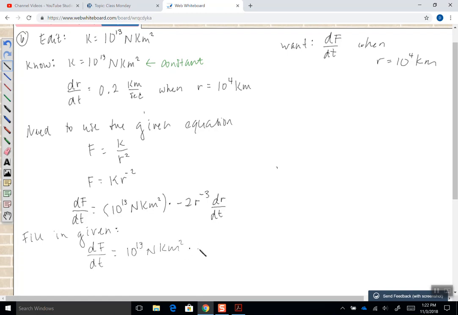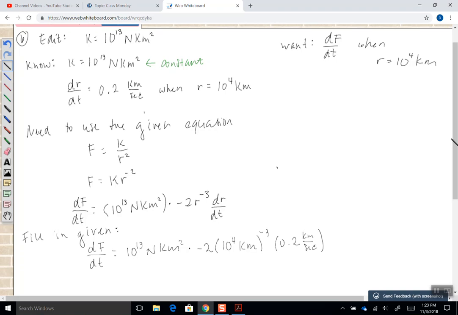Then I have times a -2. I know that the r that I want is 10 to the 4th kilometers, all raised to the -3rd. And I'm also given that dr/dt at the moment of time I'm looking for is 0.2 kilometers per second.